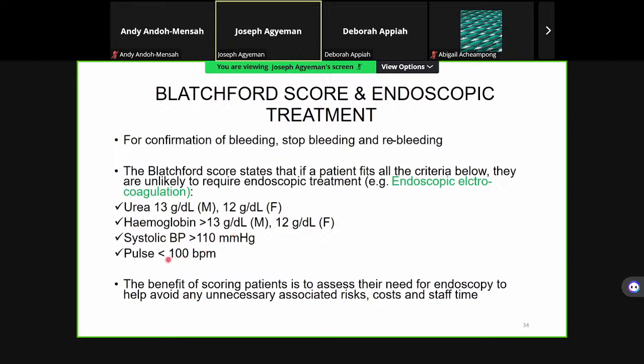So once the pulse is normal, below 100, it means the person is okay. When you have all these outcomes, it means the person is okay and the bleeding is not extensive, and for that matter, don't do the aggressive endoscopic management.